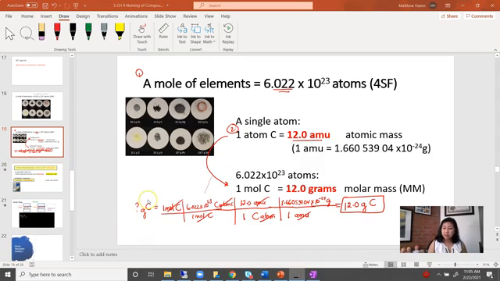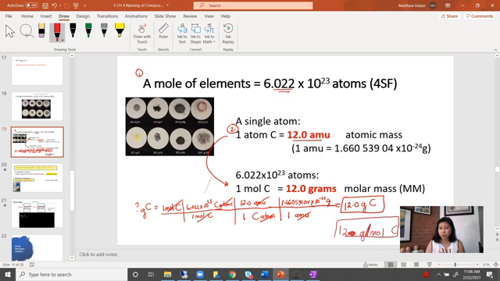Okay, now in some textbooks, you can see that the molar mass of carbon is written out not as 12 grams only, but with the unit, 12.0 grams per mole. Okay, that makes sense. 12 grams is the weight of one mole of carbon. So if you're given a unit like this, grams per mole, don't be surprised.